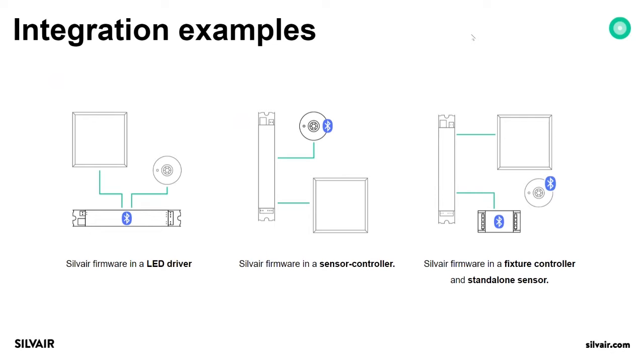In the third example, we have a fixture controller connecting to a driver, and the driver connected to the luminaire, but the standalone sensor is also connected to the same network and works in relation to the fixture controller without physical connection. Both the fixture controller and standalone sensor are Bluetooth mesh enabled.